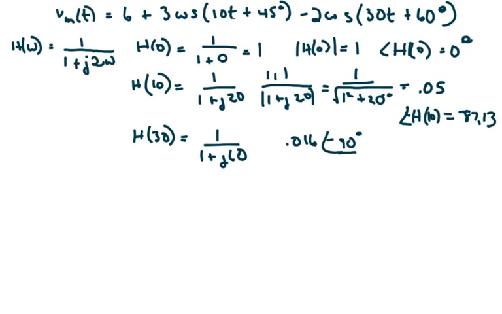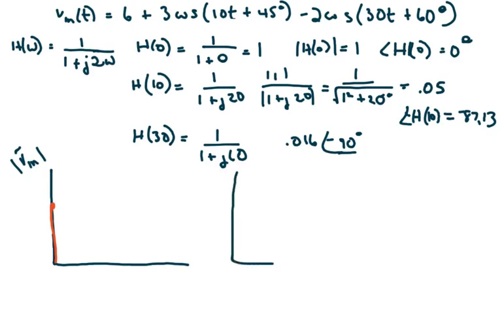Okay, so now we can actually draw the spectra for each, and that will help us find the output. So let's do the DC component, right? So we have Vin, and the DC component is going to be 6, which is what we found in the last video. And for omega equals 0 for our transfer function, our DC component is going to be 1.